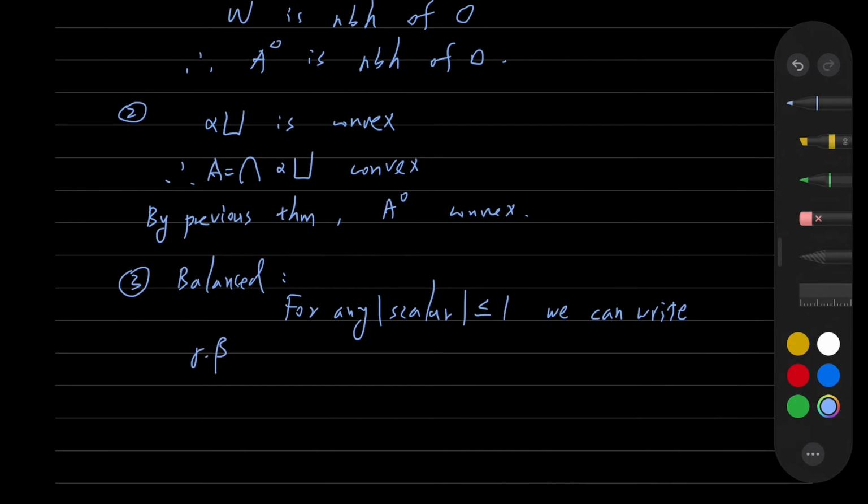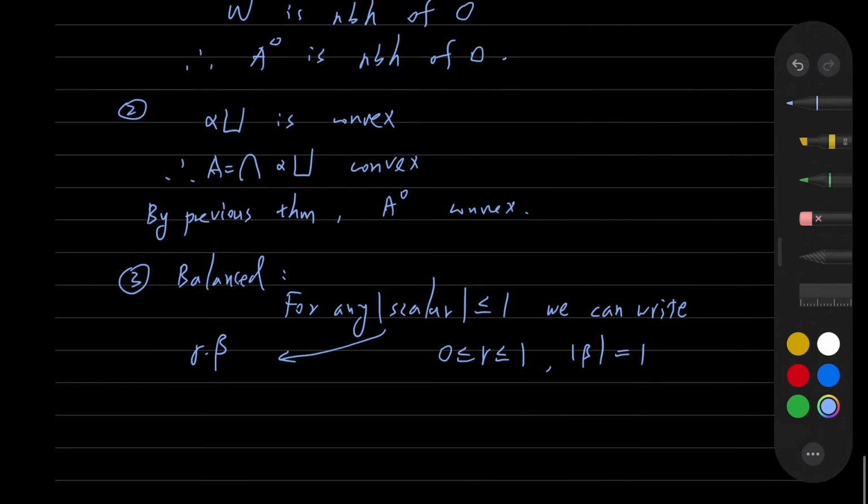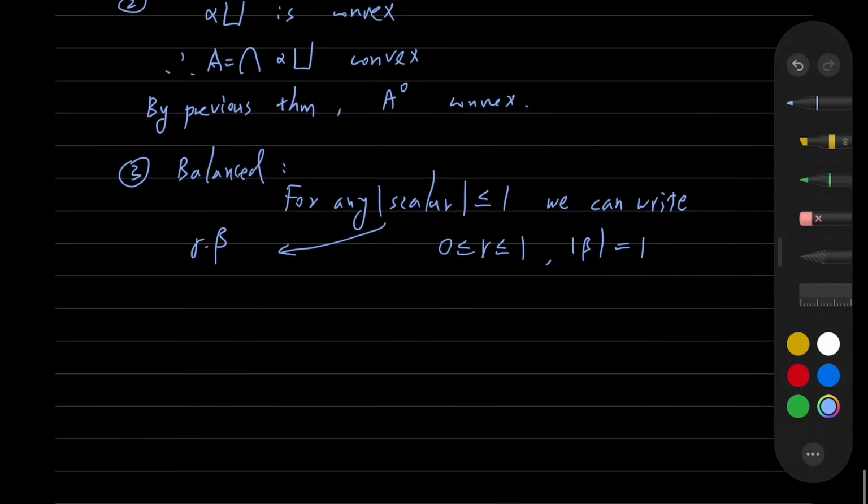So this is the scalar, where r is a positive number between 0 and 1, and beta has absolute value 1. You can think of it as a phase of a scalar.